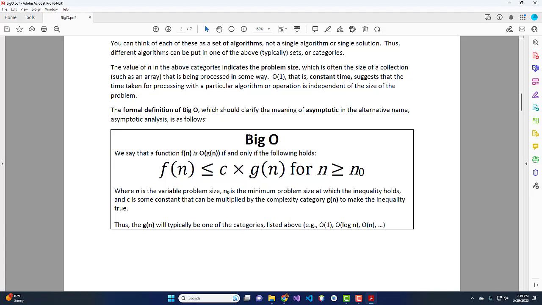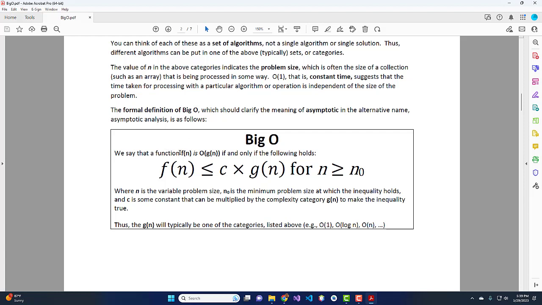So the formal definition of big O is that we say that a function, f of n, okay, we're talking about some sort of function. We will talk about what function we're talking about. Don't think necessarily in terms of just a programming function. Think of it as something that is growing with the input size. So the function of time or function of space is usually what we're dealing with.